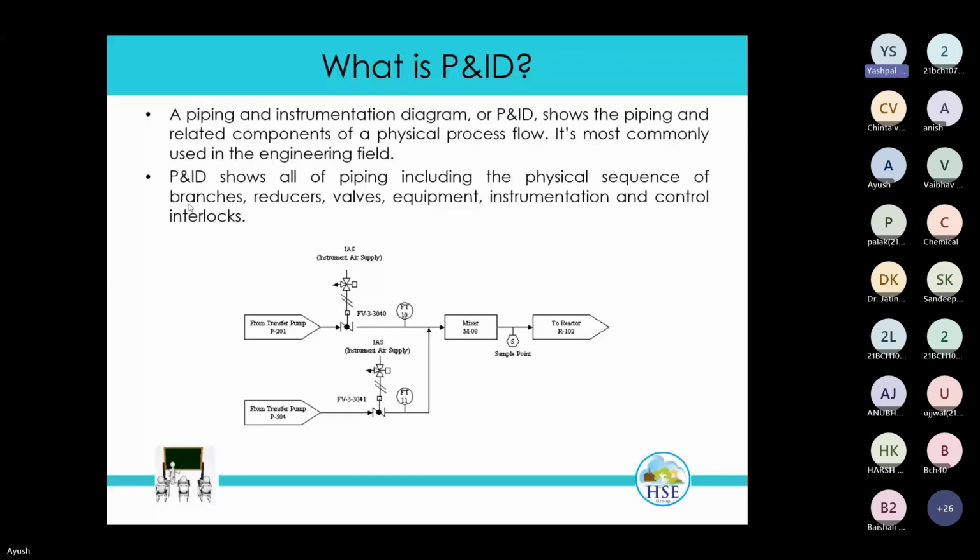P&ID basically, as I said, is a piping and instrumentation diagram. It shows the piping and related components of a physical process flow. It's the most commonly used in the engineering field. P&ID shows all of the piping, including the physical sequence of branches, reducers, valves, equipments, instrumentations, and control interlocks.